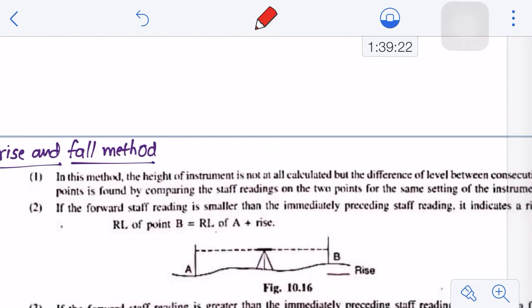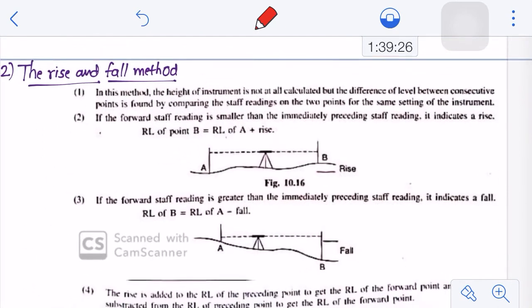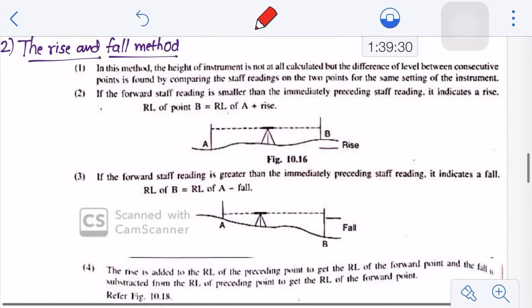Which is nothing but your rise and fall method, which is available here. And again, this is another method of computing your reduced levels, and again this is a very simple method. So what is this method all about? Let me give you an idea about this method. This method is again very similar to the first method, but again it is different.